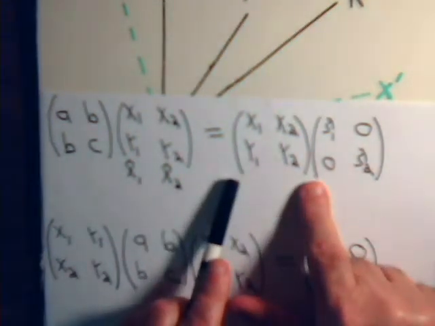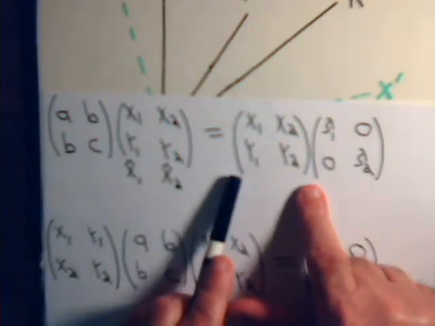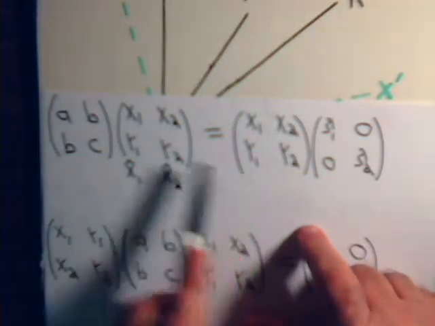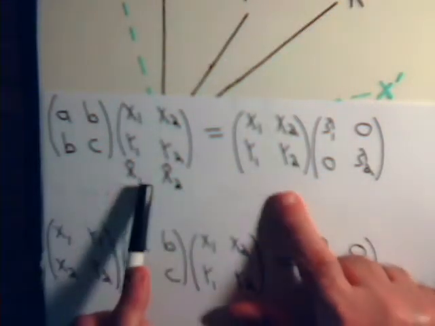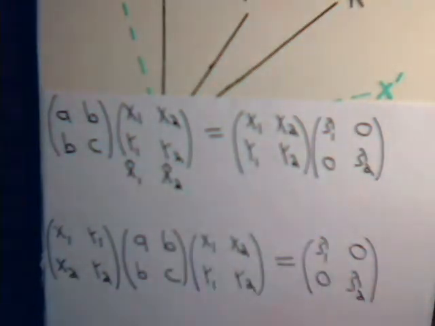Well, if I multiply this matrix by its inverse, it's just going to give us the identity matrix. So if we multiply both sides of the equation by the inverse of this, what is the inverse? Well, these matrices are the same, of course. These are orthogonal matrices. And remember now, for an orthogonal matrix, its inverse is just its transpose.